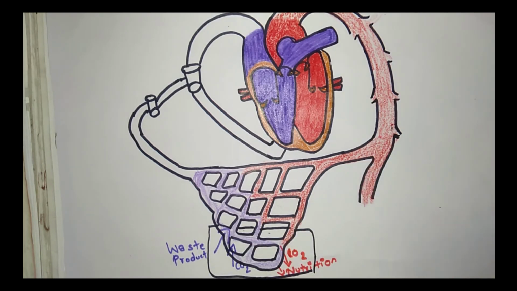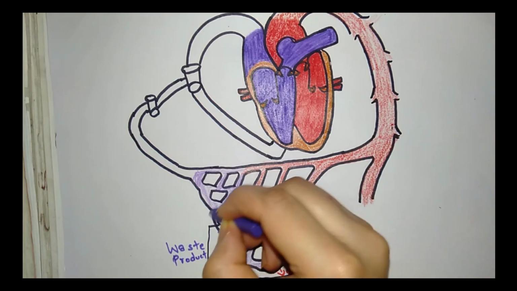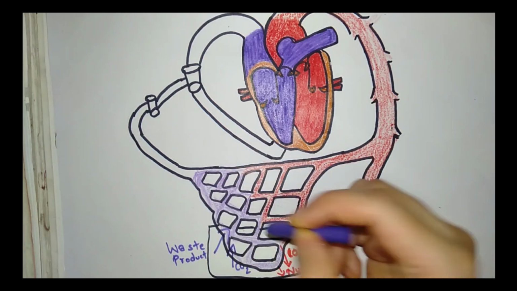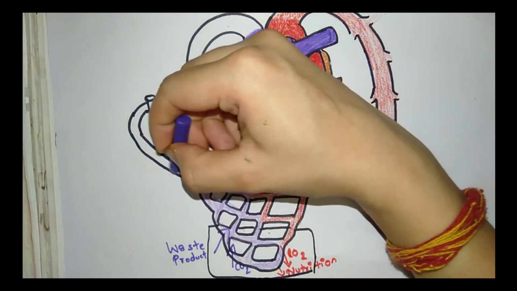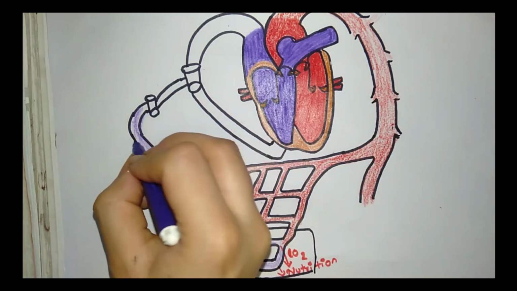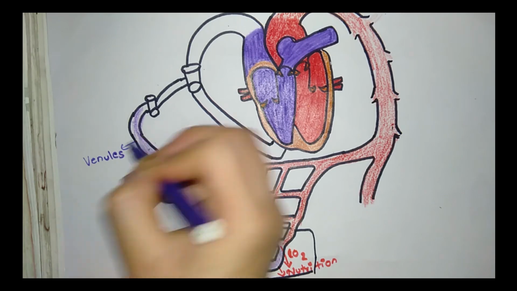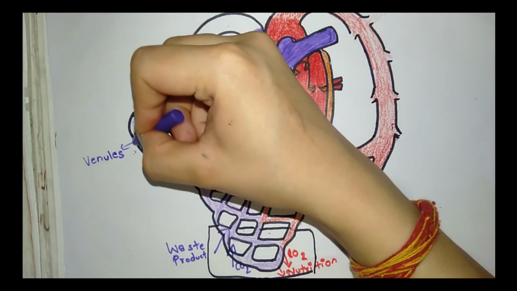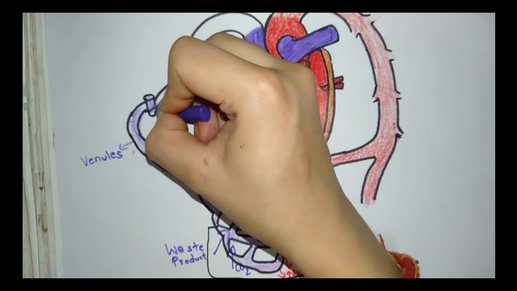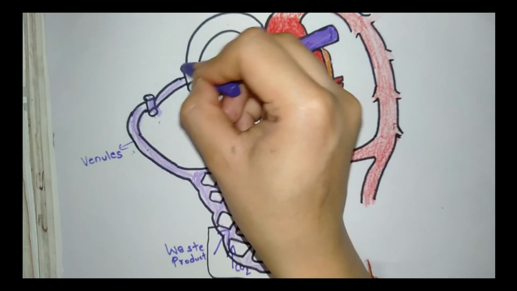After taking carbon dioxide and waste products from the tissues, the blood in the capillaries is now deoxygenated, and this deoxygenated blood will go towards the venules. From the venules, this deoxygenated blood will go towards the small vein, and from this small vein, it will go towards the medium-sized vein.